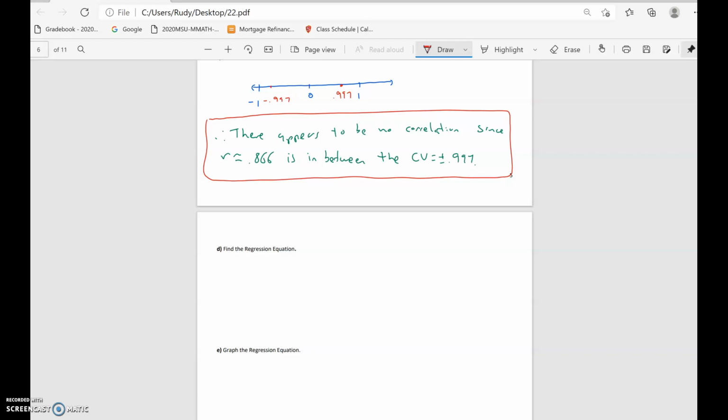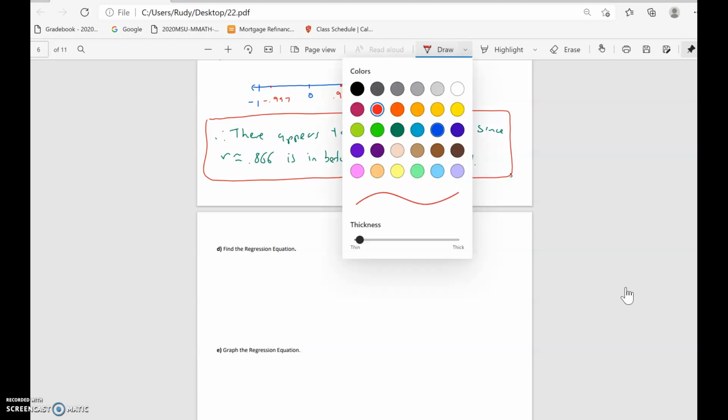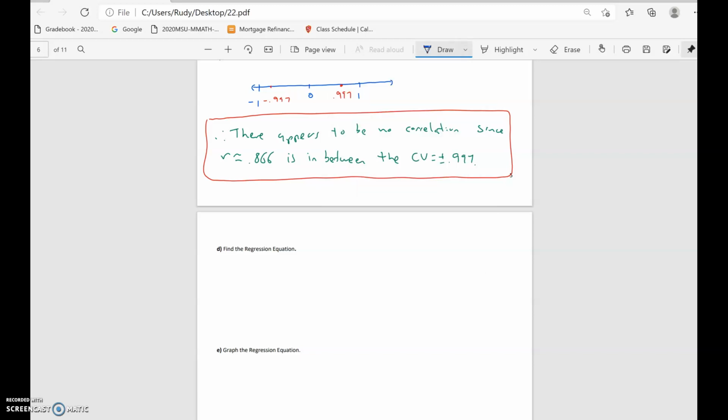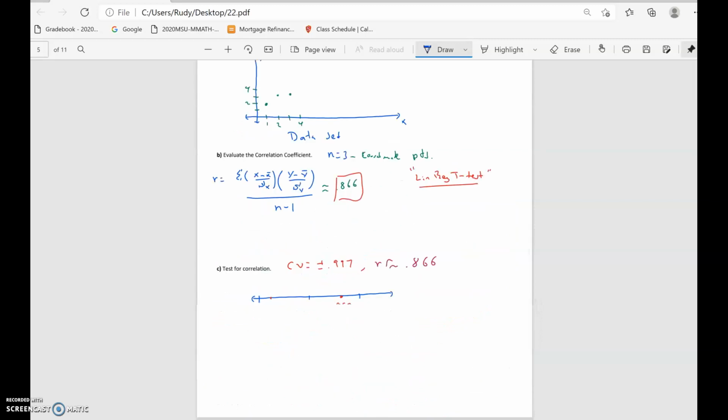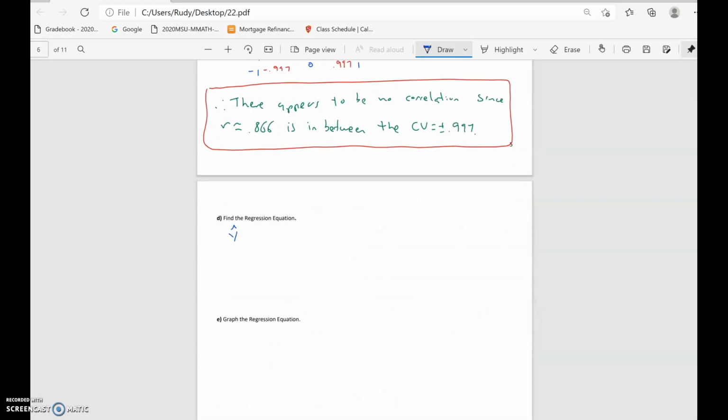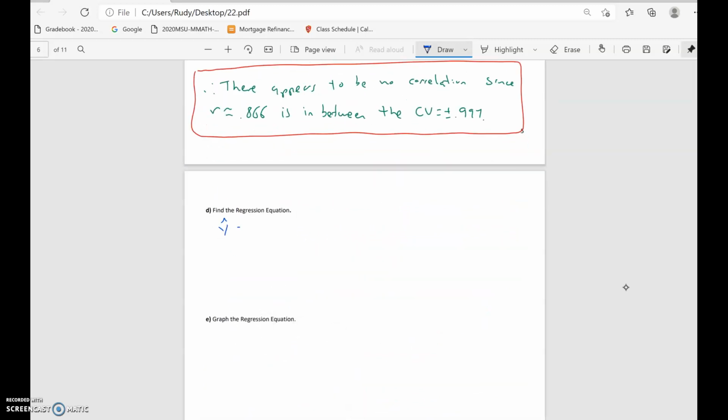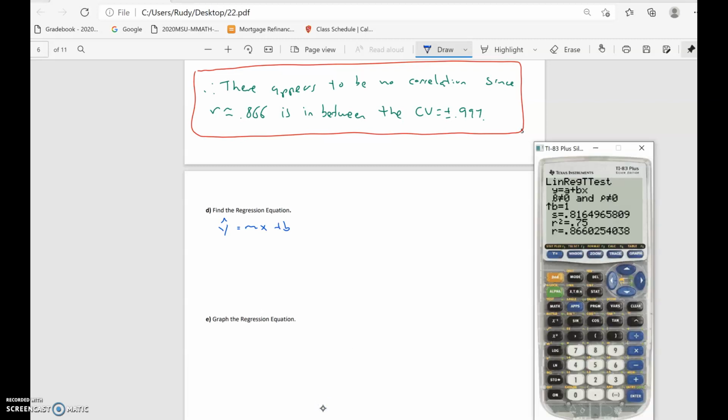Now, let's actually find the regression equation. And to find the regression equation, technically everything was calculated. Because we're using more than 2 coordinate points, we're going to label it as a y hat. And we're just going to say that y hat is equal to mx plus b. Now, what you're going to be actually looking into is this portion here, your output.